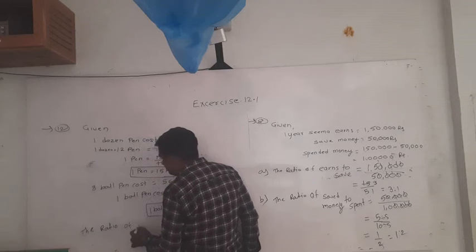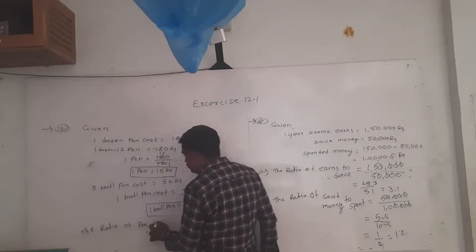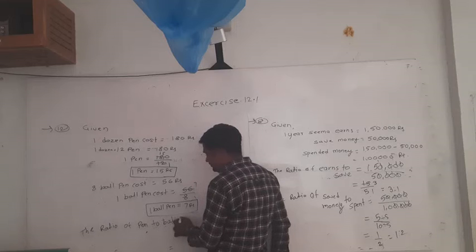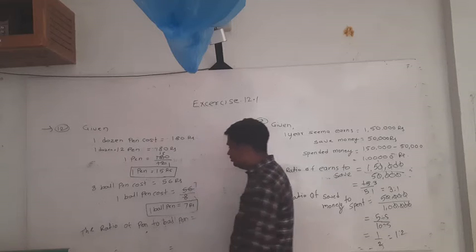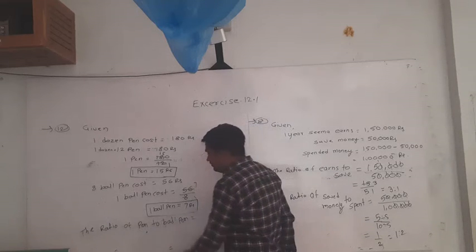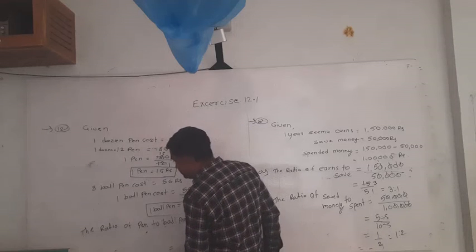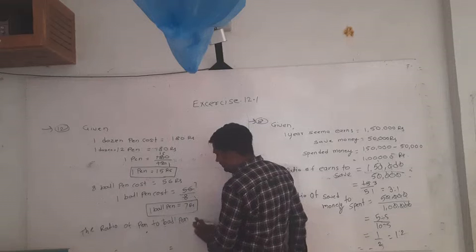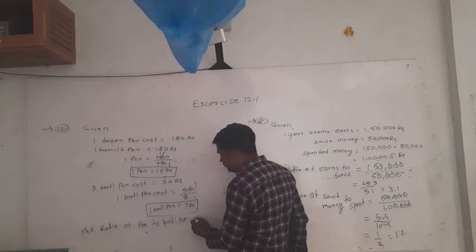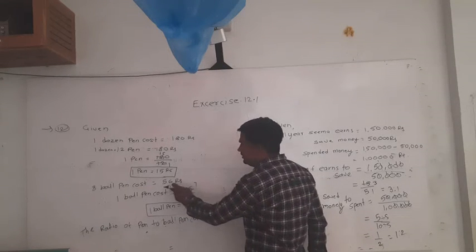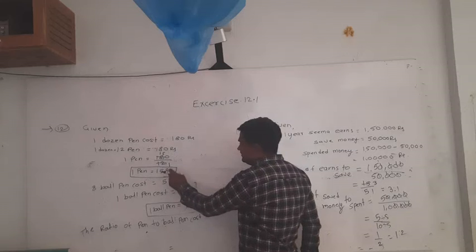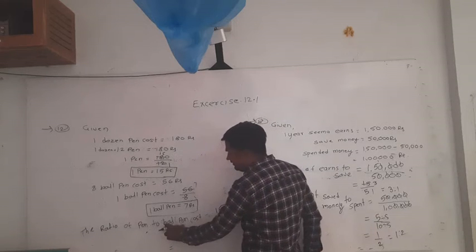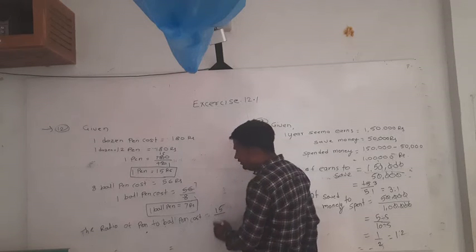One pen costs 15 rupees, written first. The second is the ball pen, you can write it in the denominator.